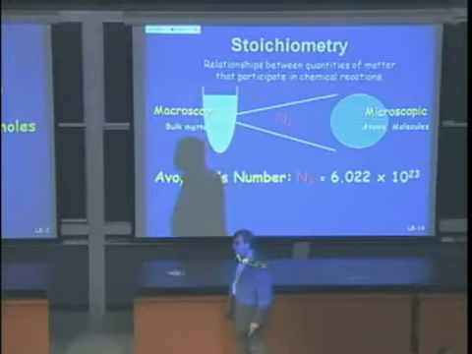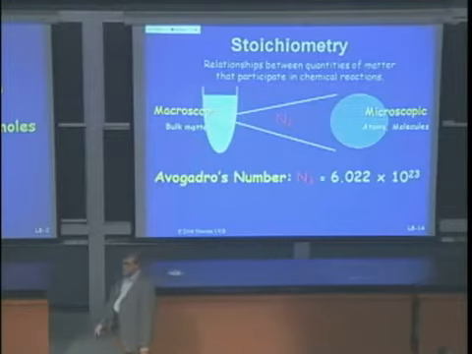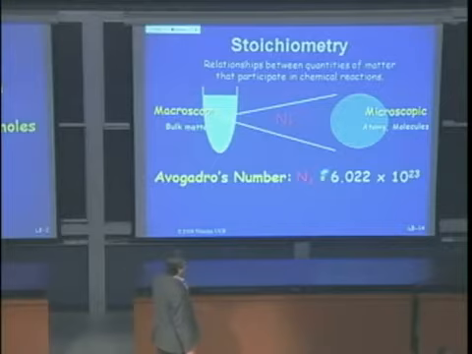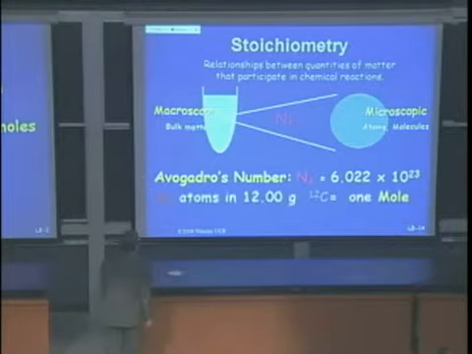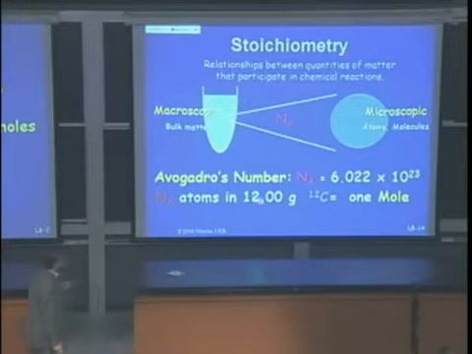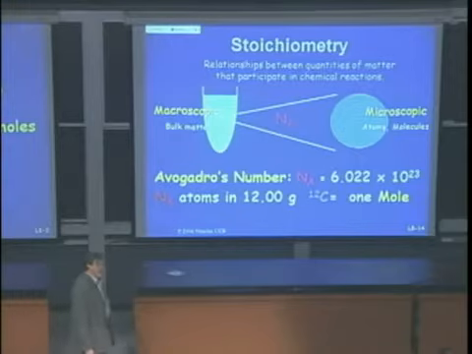You can have Avogadro's number of people. Hopefully we will never get there, okay? You can have Avogadro's number of stars, or you can have Avogadro's number of atoms or molecules. That would be more likely. So if we have 12 grams of carbon-12, the isotope carbon-12, it has exactly this number of atoms.